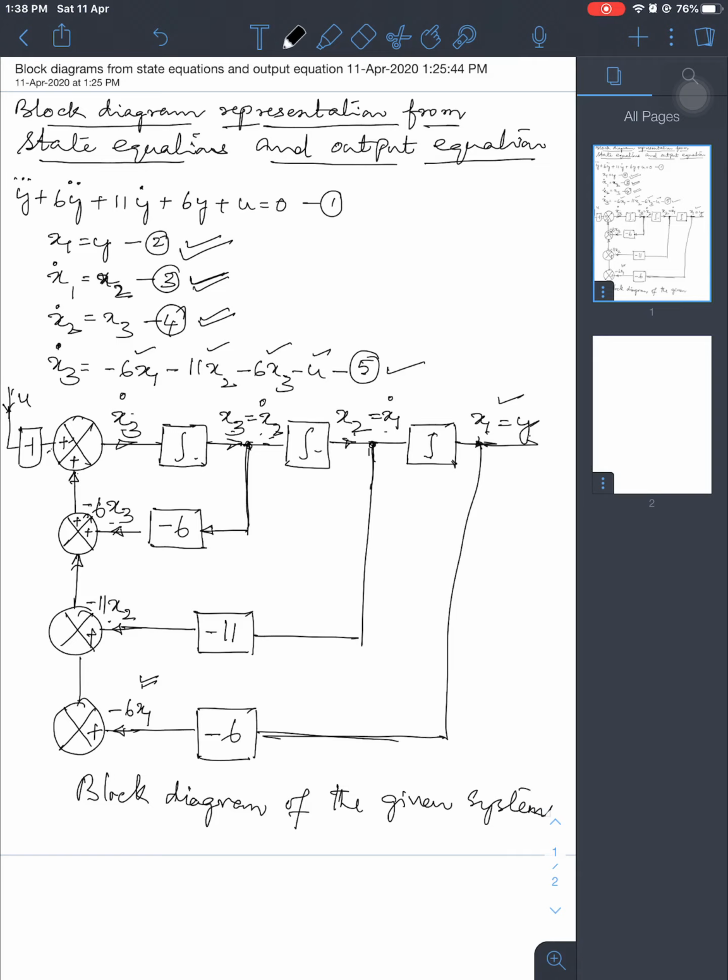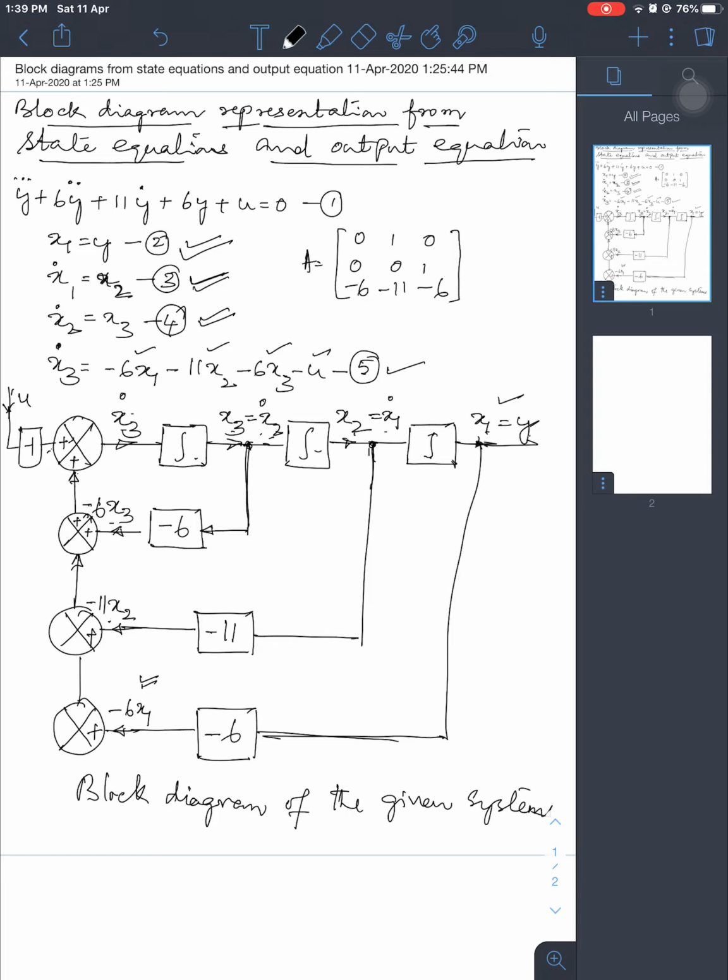A few interesting facts can be observed here. The system matrix for this problem, as we have seen earlier, is equal to 0, 1, 0, 0, 0, 1, minus 6, minus 11, minus 6.